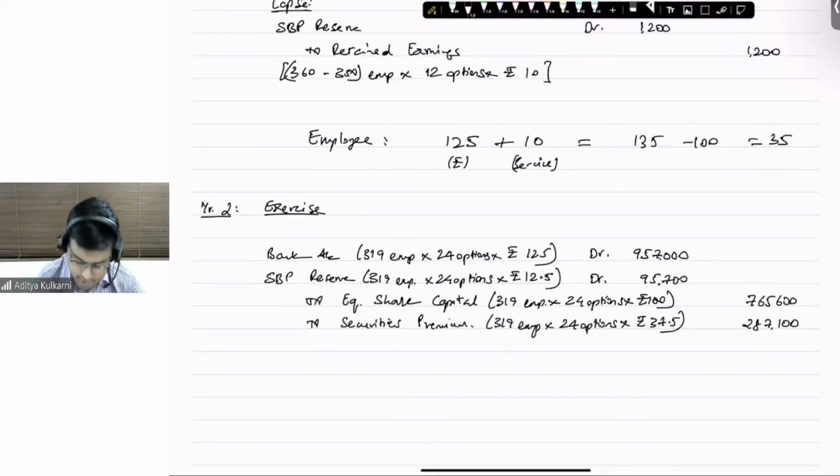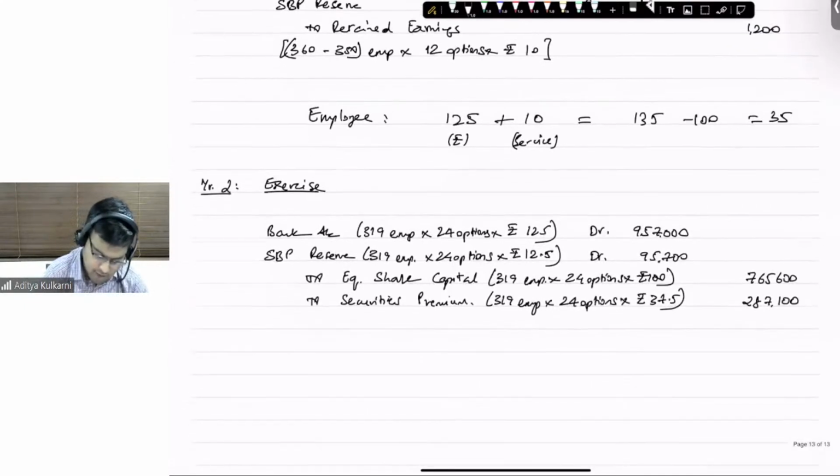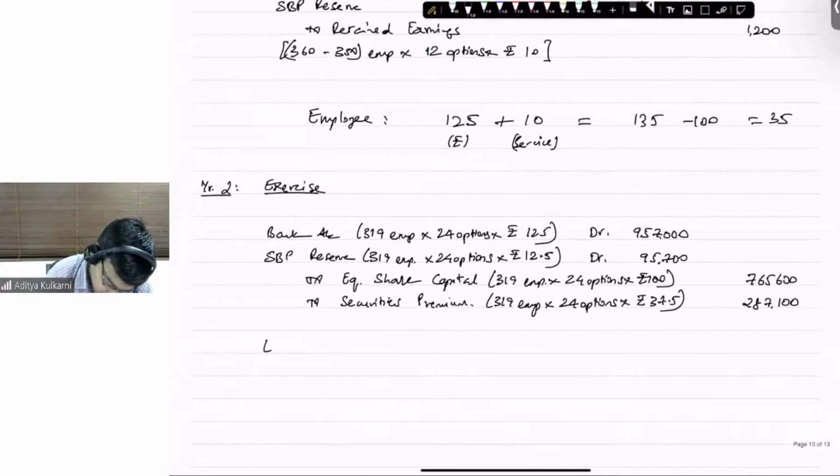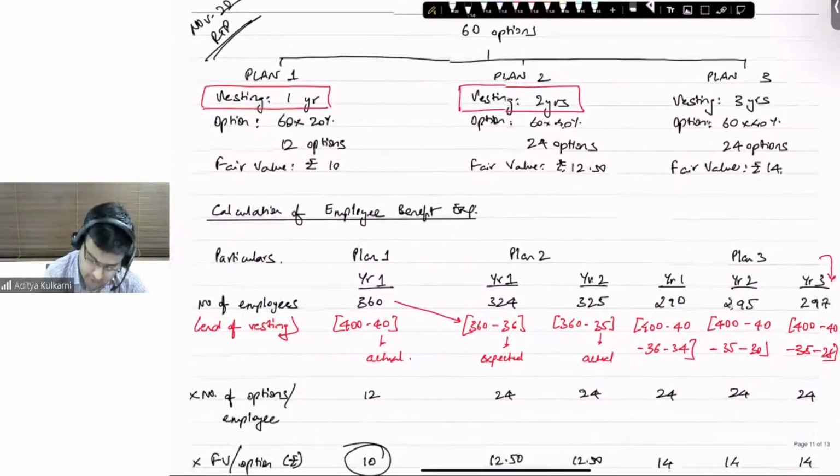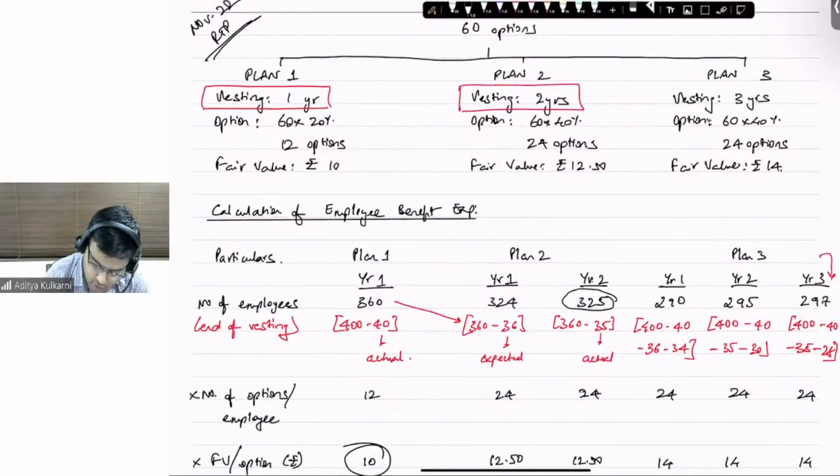Okay, great. Now the lapse. Sir, how many are getting lapsed? Sir, totally at the end of 2 years, look at your workings. How many employees remain? 325. How many have you taken? 319 have exercised.